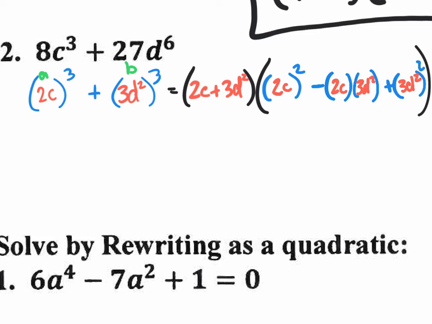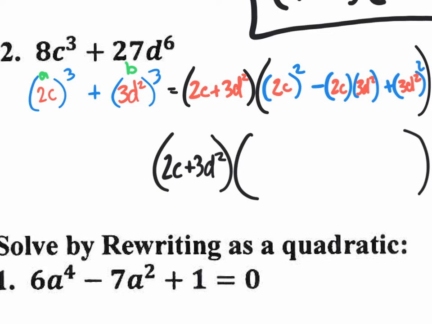So now the first one, the binomial, it's done. It's 2c plus 3d squared. But the trinomial we could simplify. What is 2c times itself? Come on, guys. 2c times 2c. 4c squared. How about that middle term? We have a negative 2 times 3.